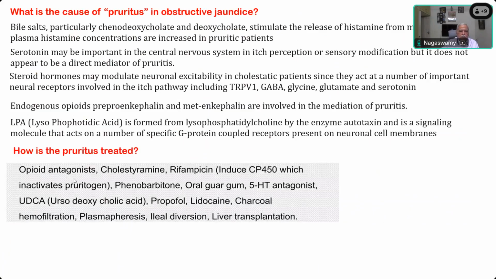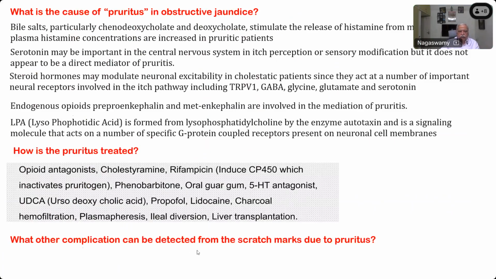It is by opioid antagonists, cholestyramine, rifampicin, phenobarbital, oral serotonin antagonists, ursodeoxycholic acid, propofol, lidocaine, charcoal, hemofiltration, plasmapheresis, and sometimes in severe advanced stages, liver transplantation has helped in curing the itching. So that amount of struggle has been taken.